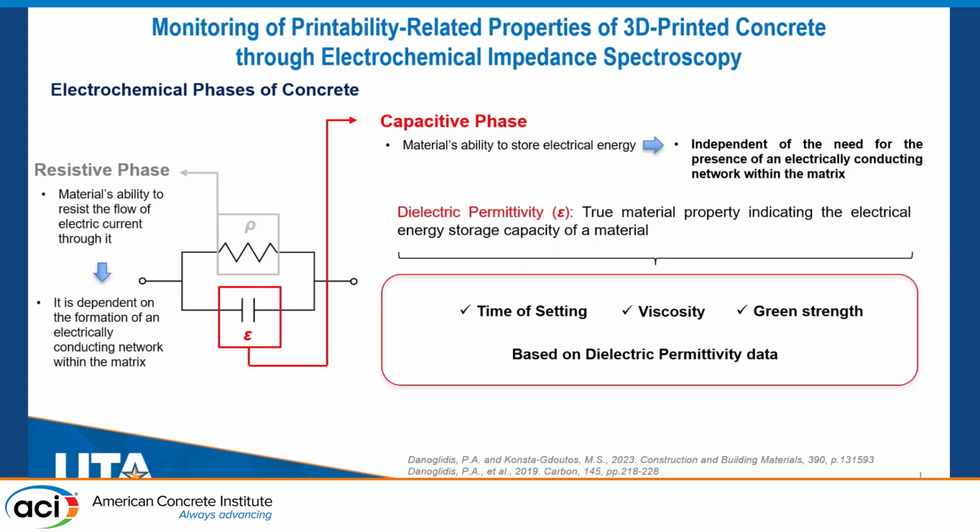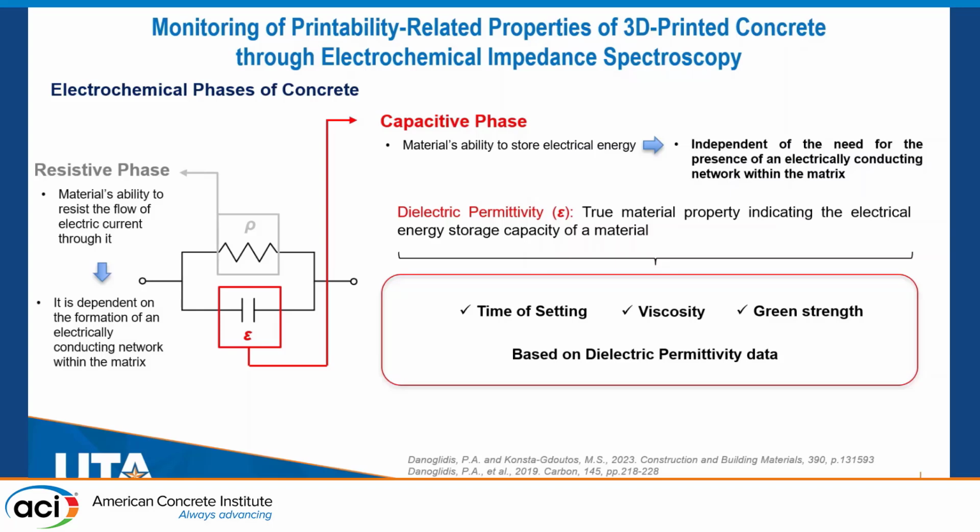For many years now, we talk about sensing, self-sensing concrete, strain-sensing concretes, and concrete with new functionalities, and we basically refer to the resistive phase. And the resistive phase actually is the ability of the material to resist an electric current through it. Actually, we talk about the electrical resistivity or electrical conductivity.